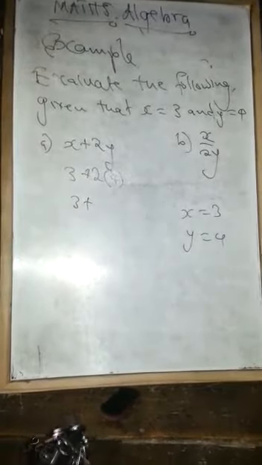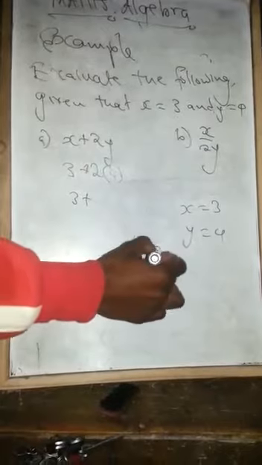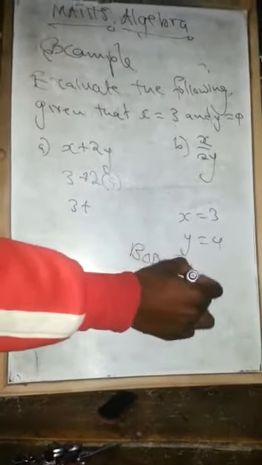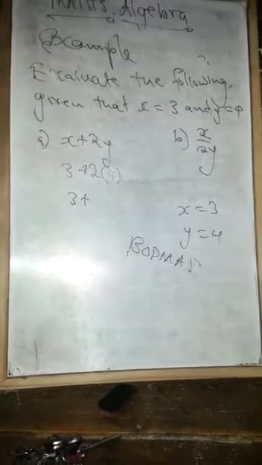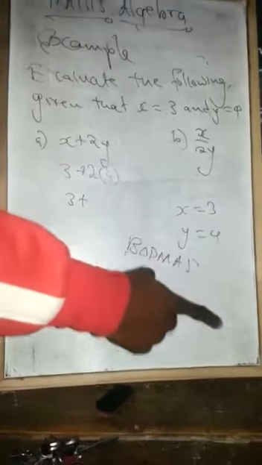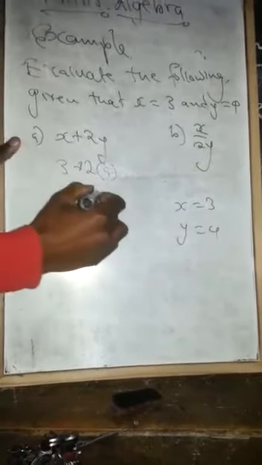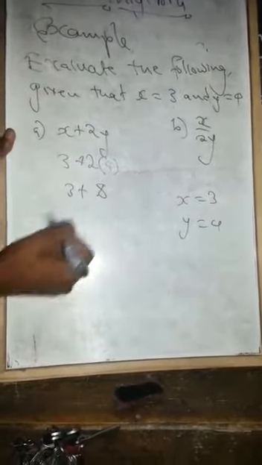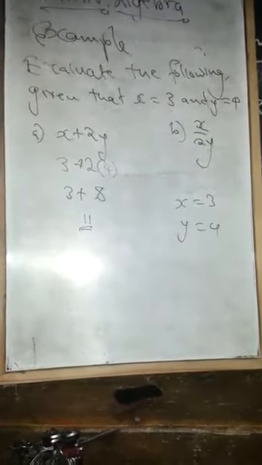We're going to start with multiplication, following BODMAS: brackets, division, multiplication, addition, subtraction. So 2 times 4 is 8. What is 8 plus 3? 11. We're done.